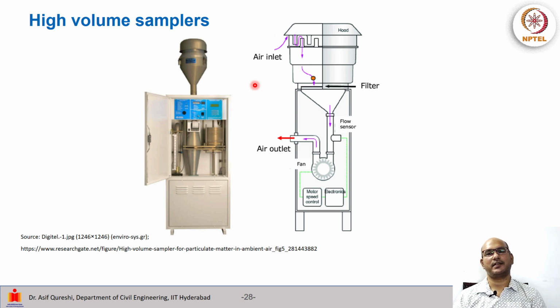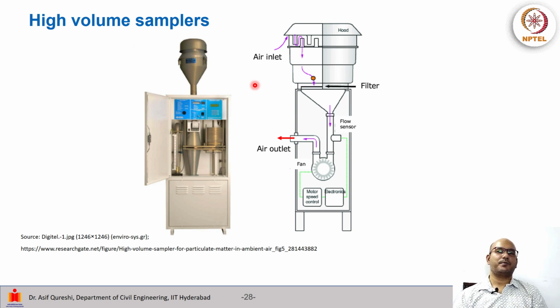If the air is pretty clean, then we need to pump a huge amount of air volume to get measurable particulate matter. So we need a high volume of air sampled in a shorter time, and hence the term high volume sampler.